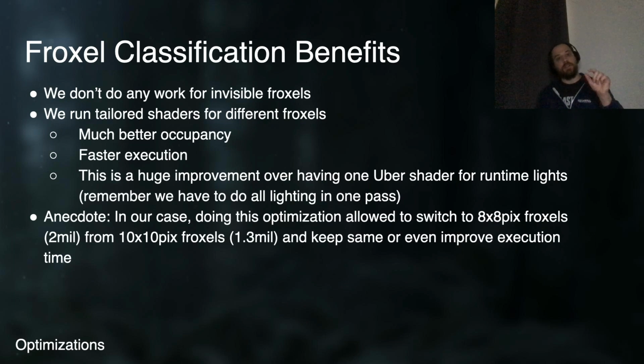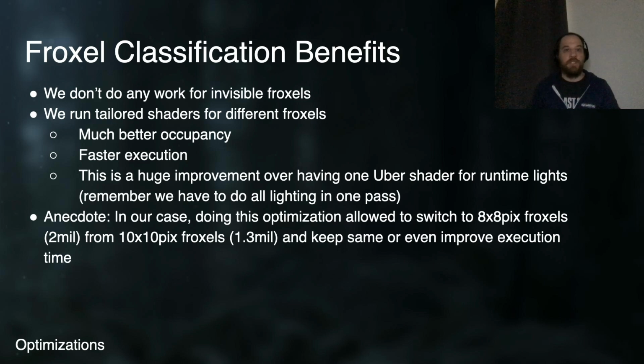And that makes a big difference performance-wise, because now we're executing very specific shaders, especially with the runtime lights. We don't need the Uber shader anymore. We need the Uber shader only whenever one Froxel is affected by all kinds of different light sources. But whenever a Froxel is affected by just some light sources, we can run a very specialized shader for it. And shadow versus no shadow, right?